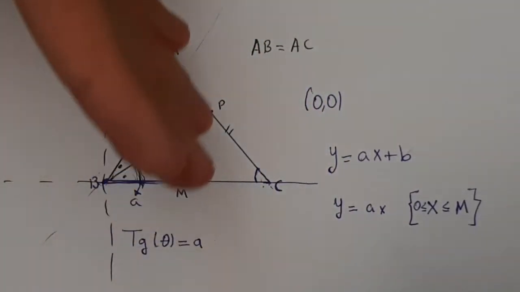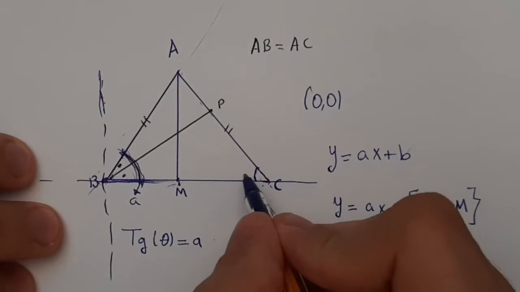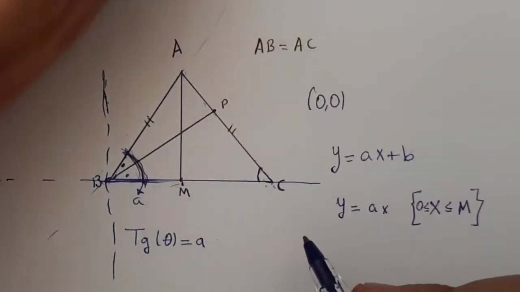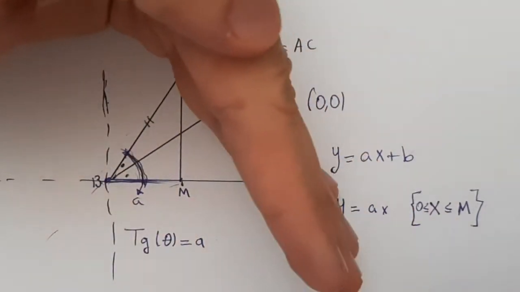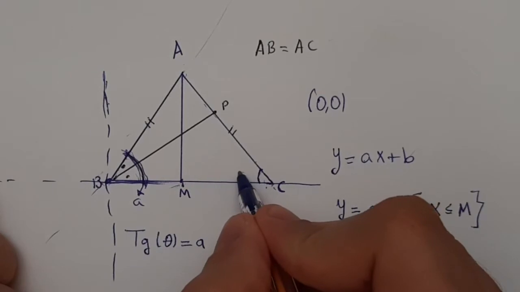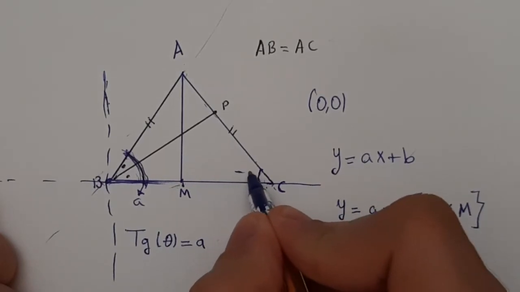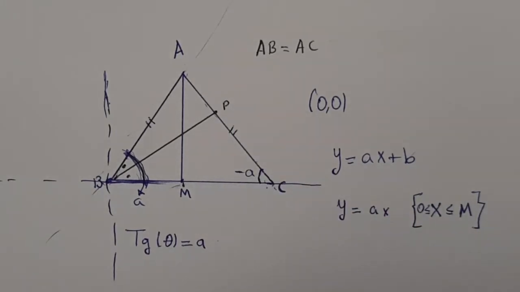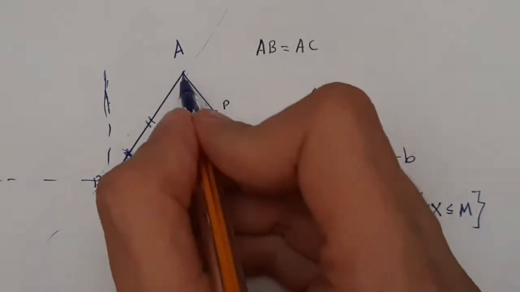So this one is like sleeping over here. So as this is positive, this is going to be negative, because it's falling. So this is going to be minus a, the linear coefficient. And b is not going to be 0. We are going to have a different number for b.